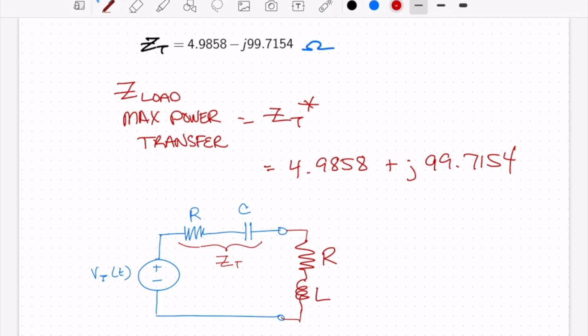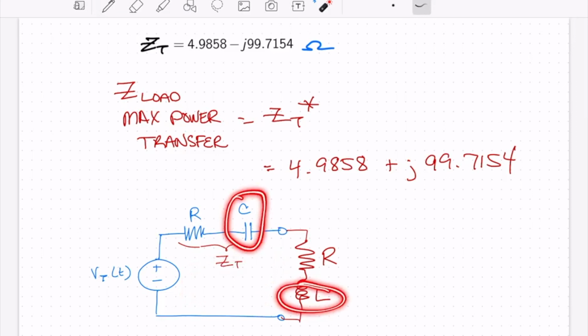And so when we look at this and we go ahead and write the mesh equation, we'd have a current I. So we'd have minus VT plus I times R plus I times 1 over SC plus I times R plus I times SL. And when we plug in the values, the C and the L will both cancel, and we'll just have minus VT plus I times 2R.